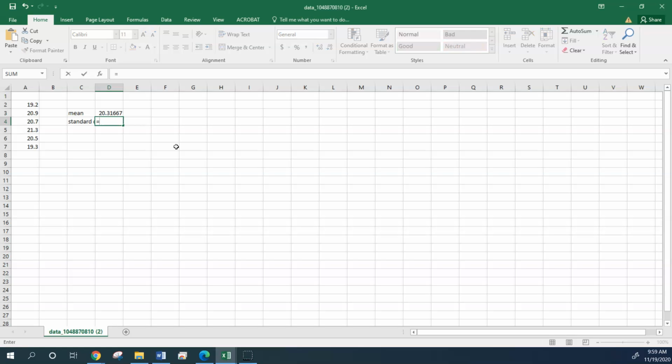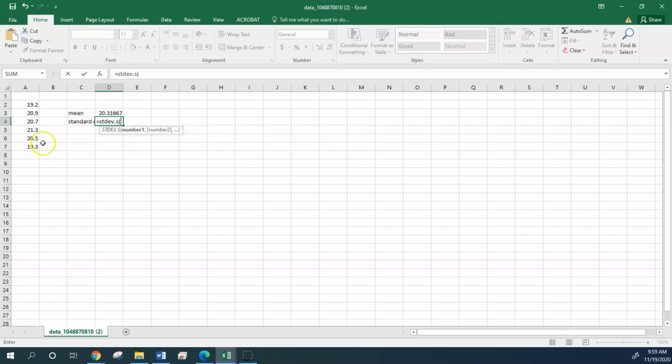Now I'm going to do a similar thing with my standard deviation. I'm going to hit equals, but for standard deviation I'm going to do ST, and you'll notice that some options come up here. I'm going to do DEV dot, and since this was a sample, I'm going to do S. If it was a population, I would have done P. I'm going to do sample.